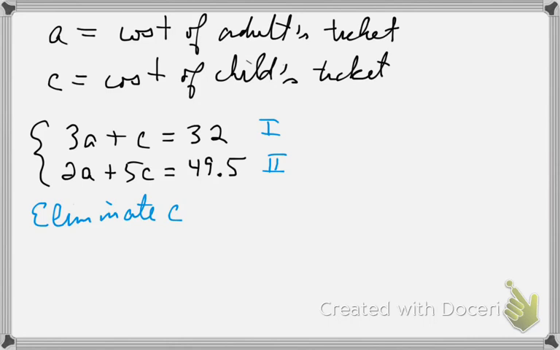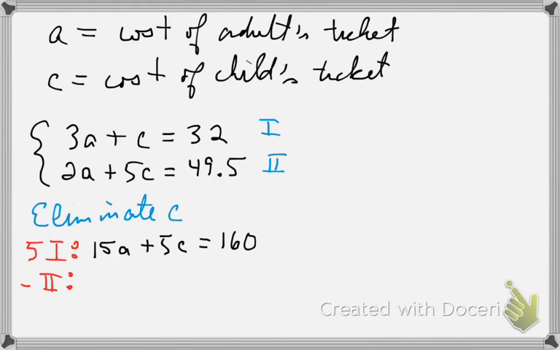All right, so what would I need to do? If I did 5 times the first one, then I would have to do negative 1 times the second one. Do you guys agree? So 5 times the first one would make 15a plus 5c equals 160.